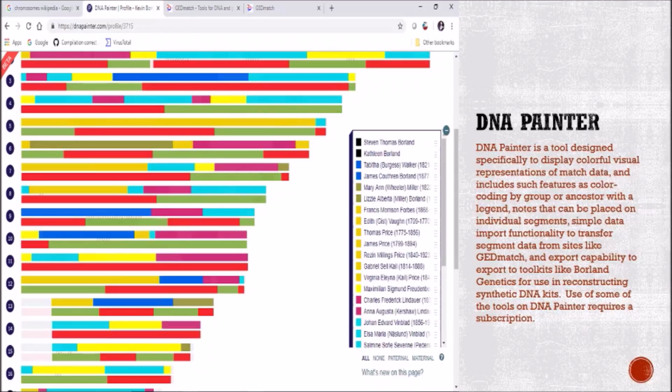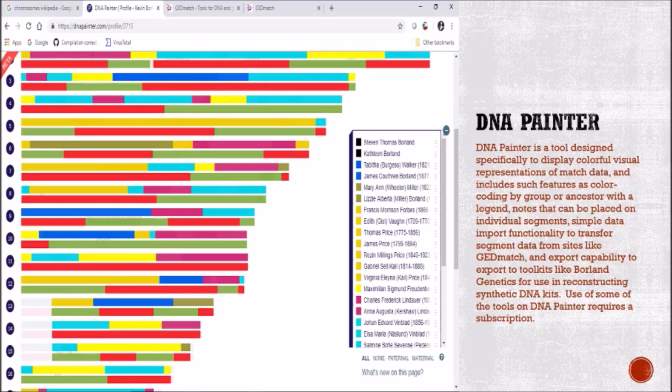You can show your segments from the testing companies on here, all except I think Ancestry, which doesn't allow you to export the segment data. But even with Ancestry, you could download the file, upload it to Jedmatch, and then calculate some segment data using the matches there. It just makes a really nice picture. At the top of this diagram, I cut it off, but it says chromosome 3, and it shows the paternal and maternal copies, and it matches it on the right to a legend.